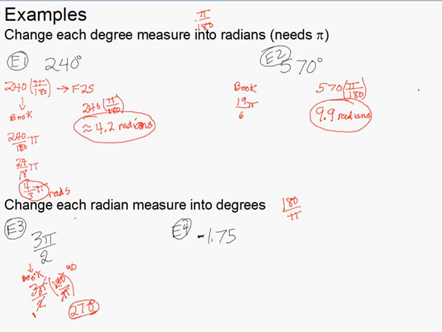If you type this into the calculator, parentheses 3 pi over 2, and then type in the calculator parentheses pi over 180, that's not pi over 180. I apologize, folks. It's not pi over 180, and I have it written down right over here. It would be 180 over pi.